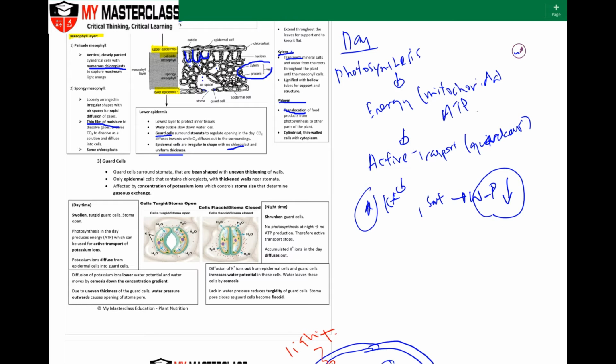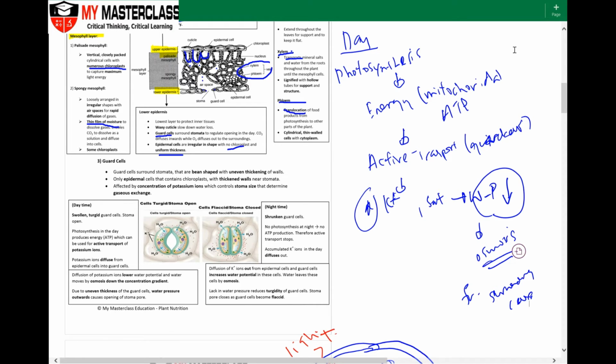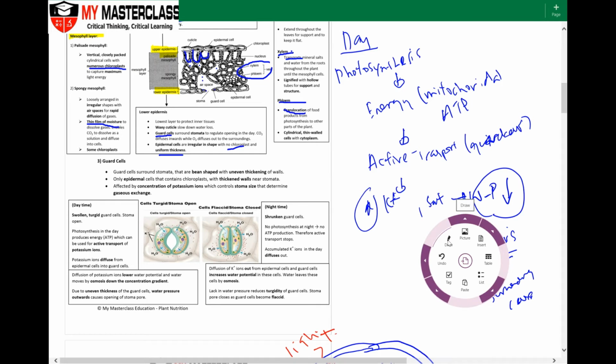So when water potential decreases, what happens? I will have osmosis of water. Okay, osmosis is only used for water, so osmosis of water from surrounding cells. Okay, so when water flows in, your stomata is not a very even structure.